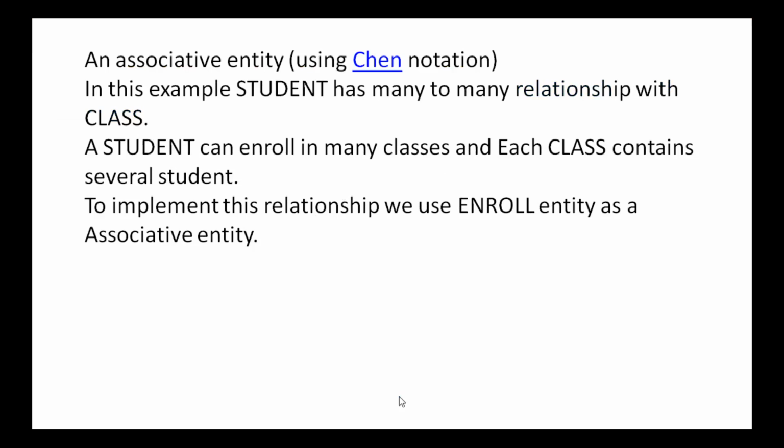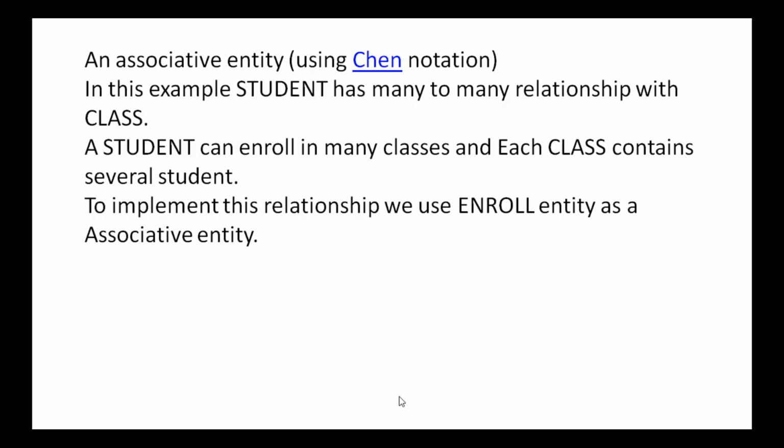To understand an associative entity, we have taken the example of student and class. The student and class have a many-to-many relationship. Why? Because one student can enroll in many classes and each class can contain several students.